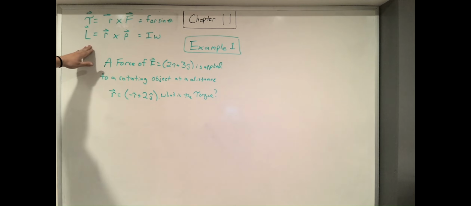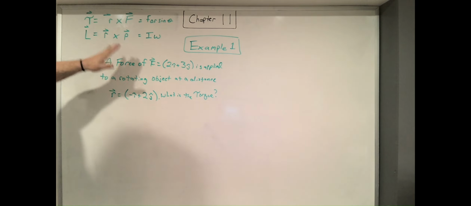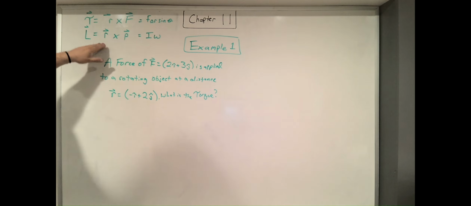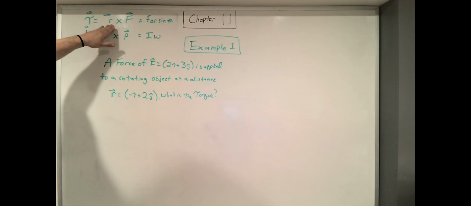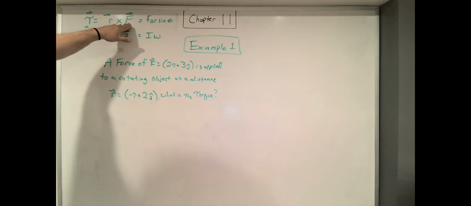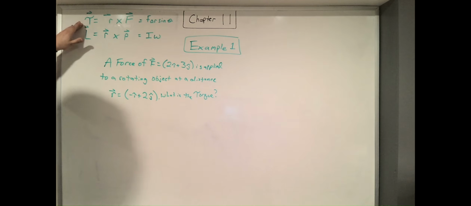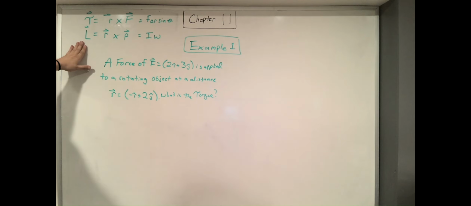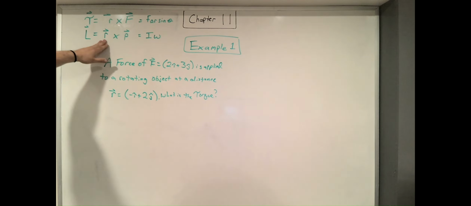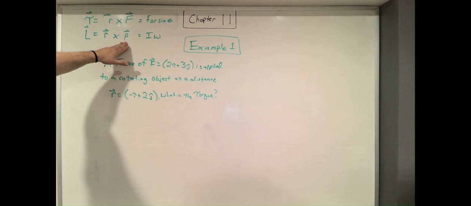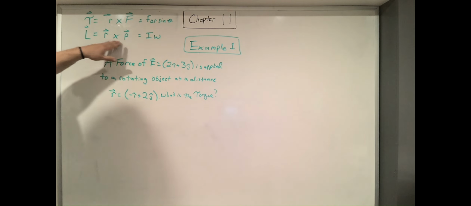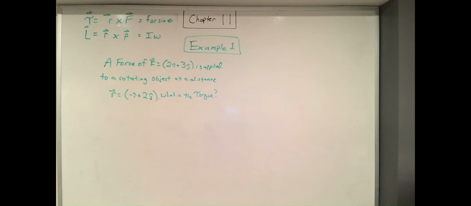It's the same here when we take r multiplied by something, but these are in vector form. For torque, it would be r crossed with the linear force, and that would get an angular force, which we know as torque. Same with angular momentum: you would take r crossed with a linear momentum, and that would get you angular momentum. So order of operations does matter here.